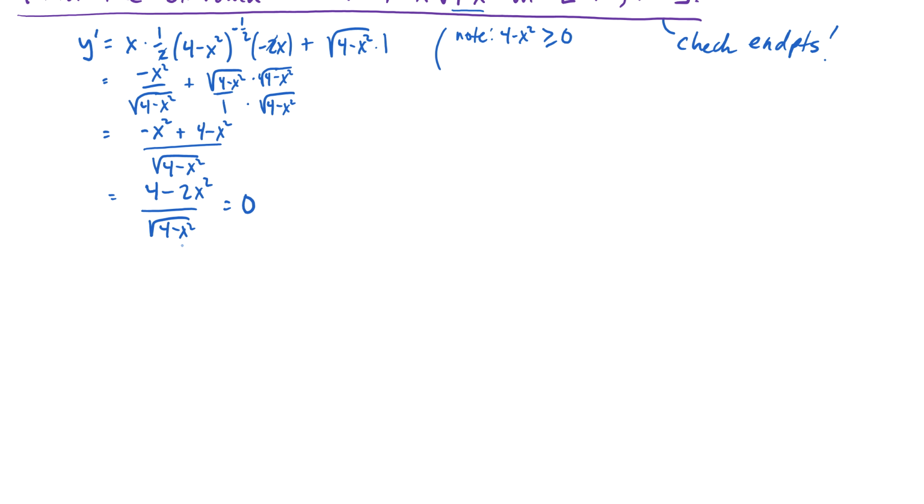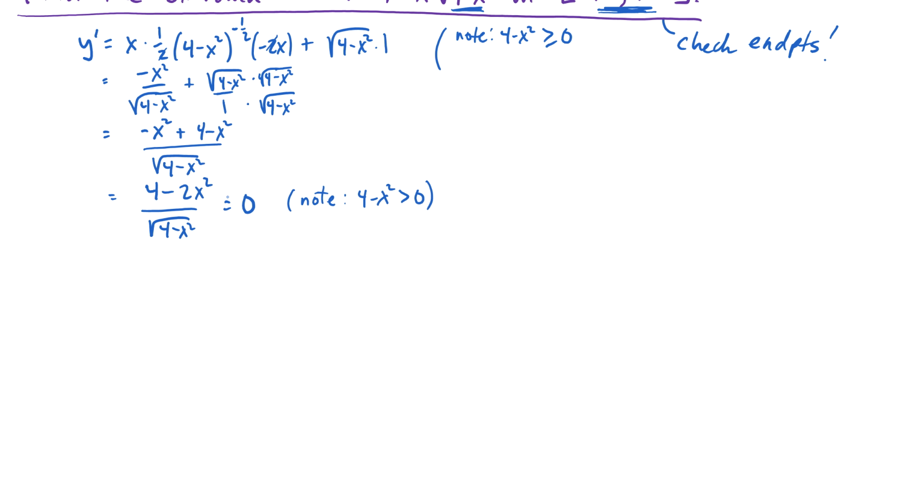So when 4 minus x squared equals 0, that means x is equal to 2 or negative 2. But that's not inside my domain, so this is never going to be 0. So I'll just say note: 4 minus x squared is always positive. Does that make sense? Because it's never 0 since it's not in my domain, and it's always positive because the radical has to be positive in my original domain as well.